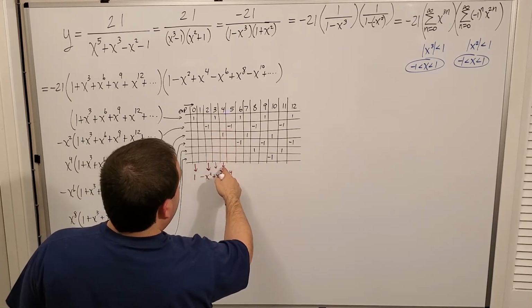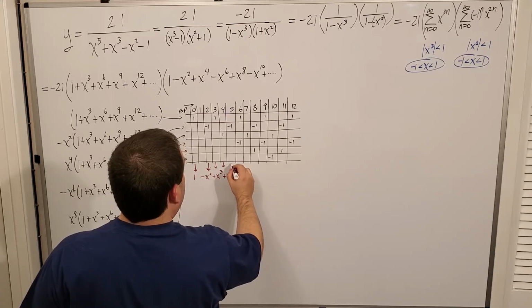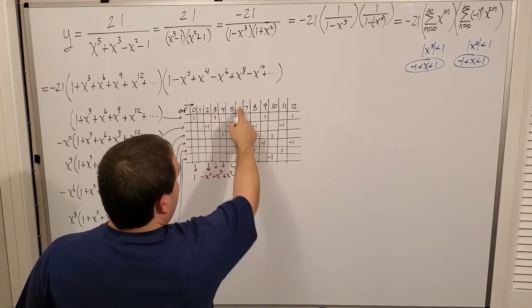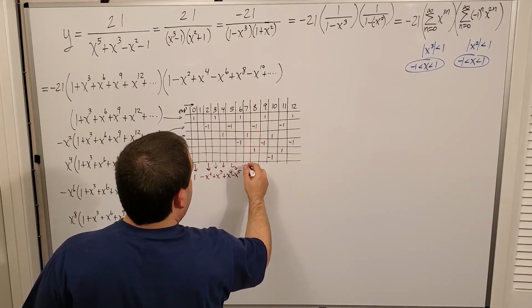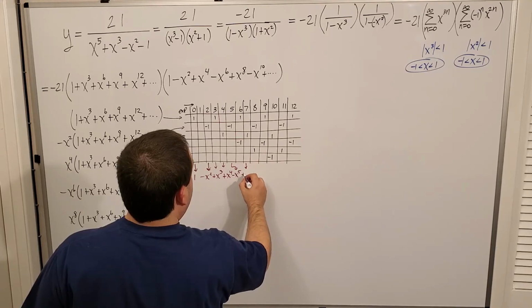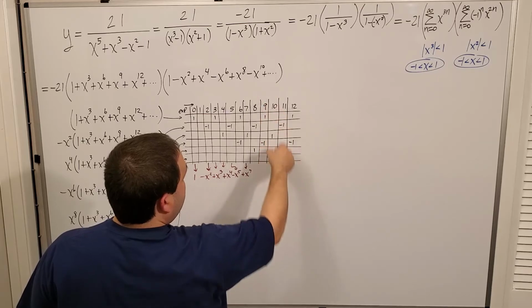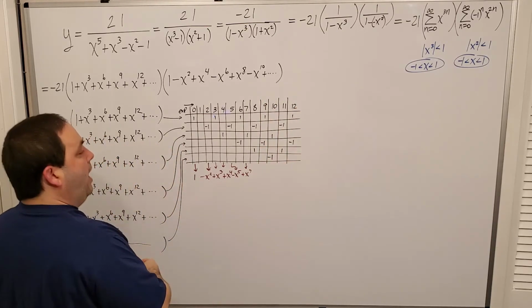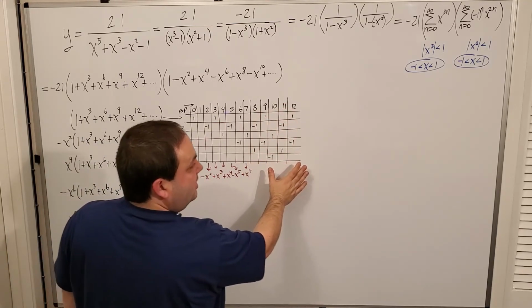That's this column. I then also have minus x to the fifth from this column here, right? That's this one. There, the x to the sixth is gone. There is an x to the seventh, so plus x to the 7. Okay, now notice 8, 9, 10, 11, and 12 of what I have all wipe out. So I have up to this far, and then everything over here has zeroed.